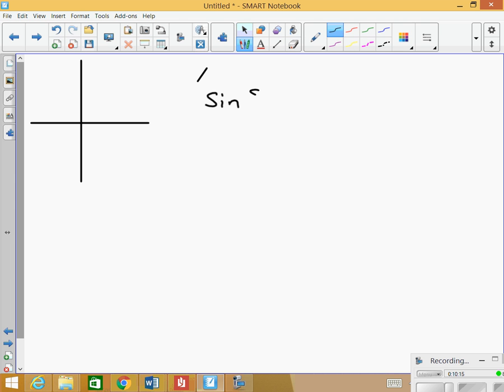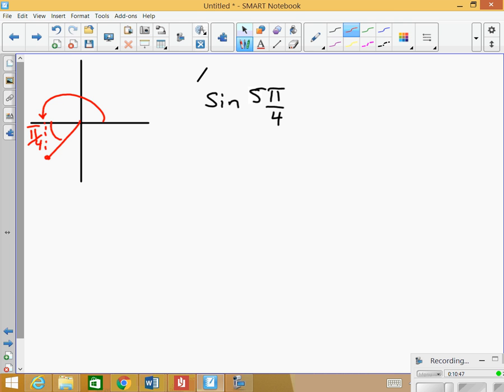Sine 5 pi over 4. We've already established that it's going to be somewhere here. So 4 pi over 4 is 1 pi, which gets us to right here, and then this angle right here is just going to be the remainder, which is pi over 4.